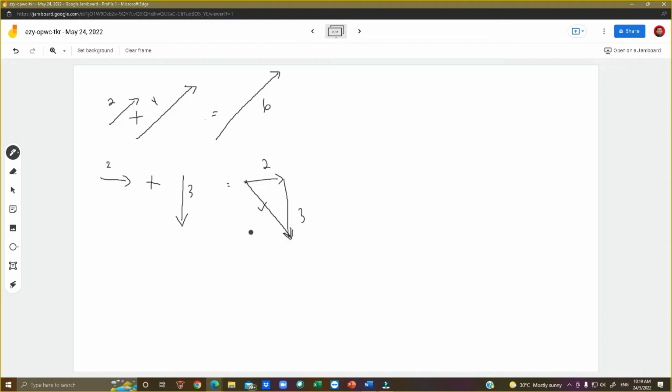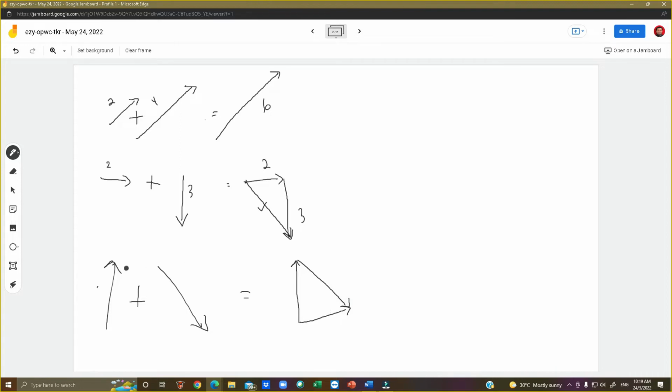This is vector algebra. Okay, if we have one like this, added with one like this, the result is, you are going to get one, you are going to get two, and then tail to head. This is the resultant.